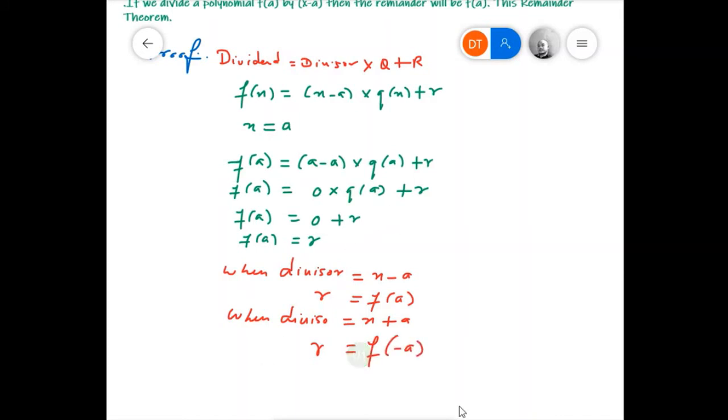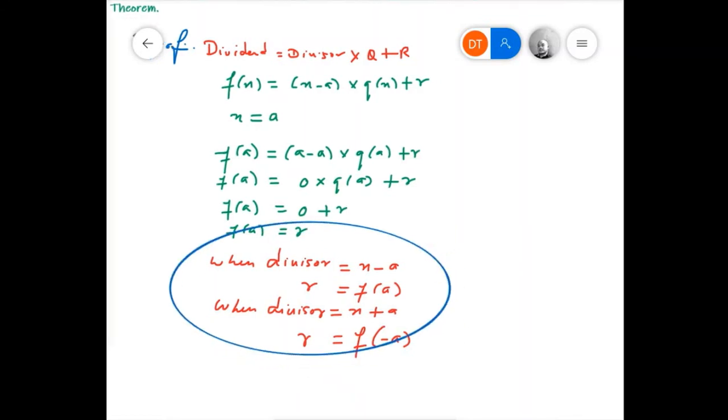I am repeating again: when you divide any polynomial by x minus a, your remainder will be f of a, but when we divide by x plus a, the remainder will always be f of minus a. Always keep these two points in mind.